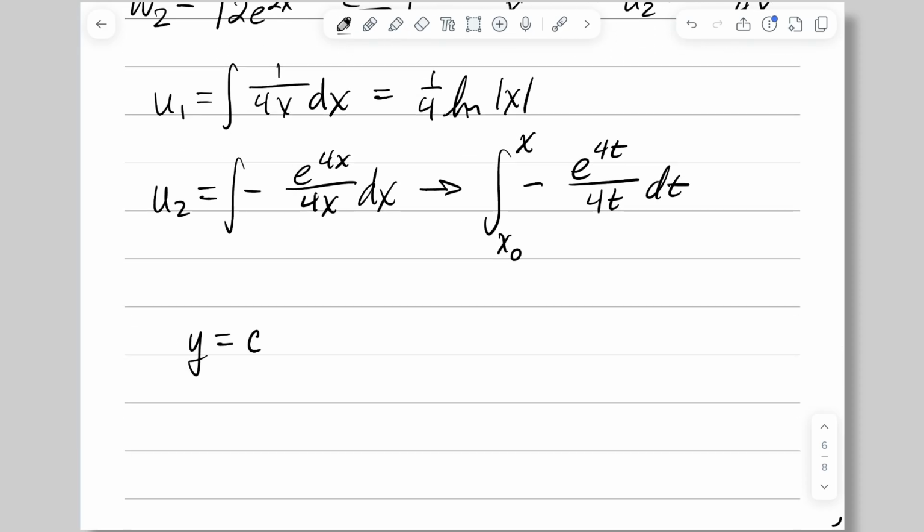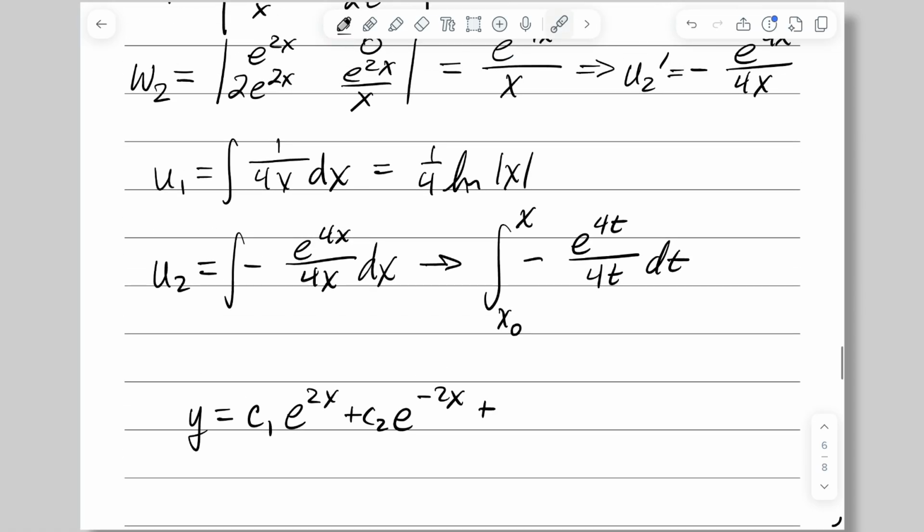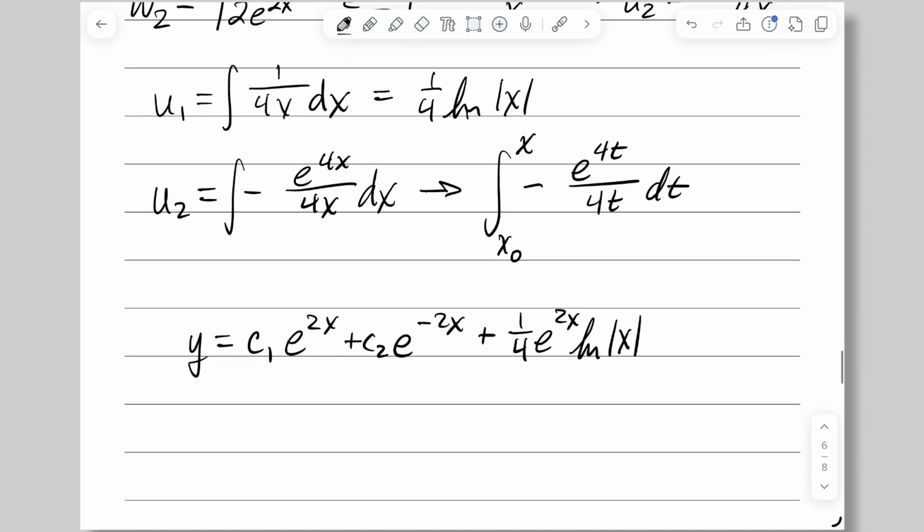Y is then c1 e to the 2x plus c2 e to the negative 2x plus. Now remember, in yp, we have u1 y1. So we have 1/4 e to the 2x times the natural log of the absolute value of x minus, because this integral has a minus in it, u2 y2.